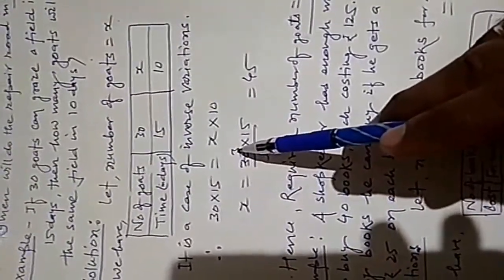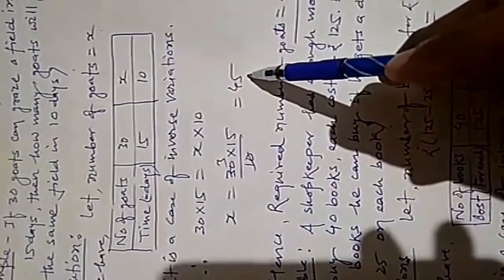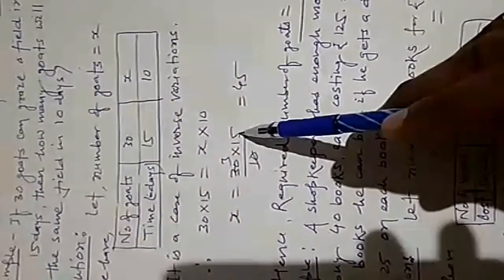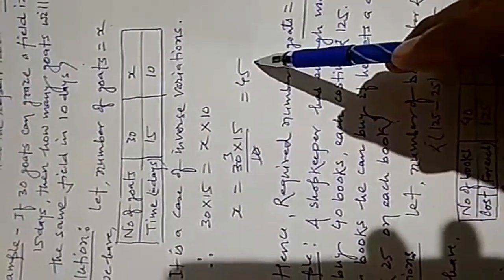So, 3 into 15 is equal 45. Hence, required number of goats is equal 45. Clear?